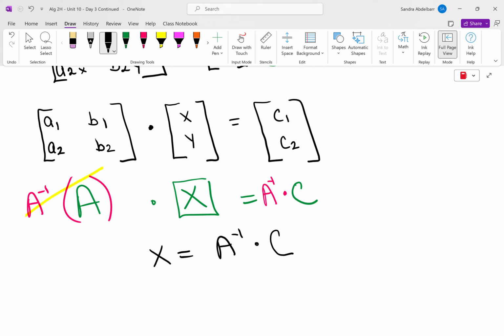So these two would cancel out, and we would get X is equal to the inverse matrix times the solution matrix. But the inverse matrix must be first. Right, because we've learned that multiplication is not commutative, so the order matters. The inverse matrix has to be first.